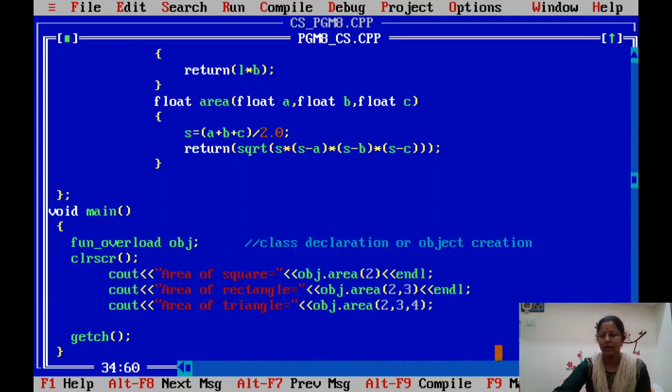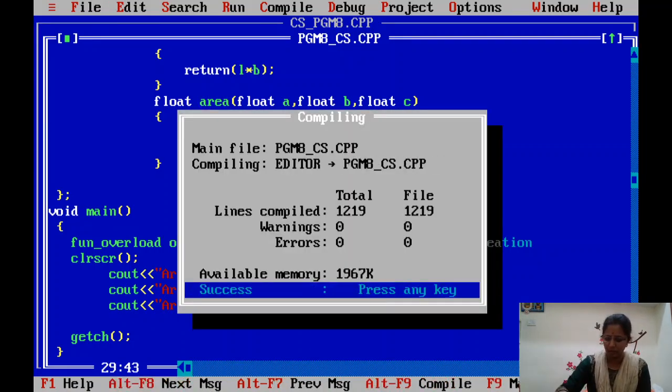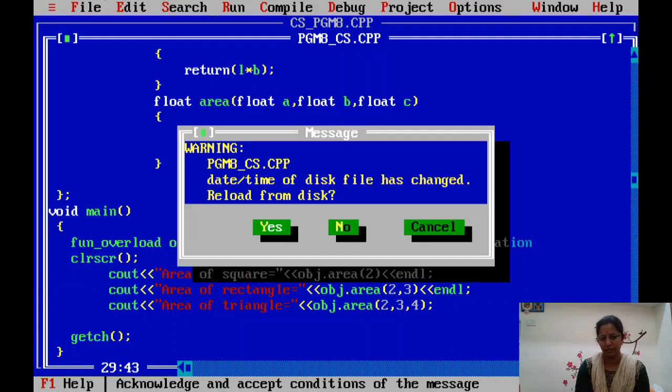See, here we are not accepting any side. We are just giving a constant value. This program will also execute without input. It is called a menu driven program, not with the input method. It is directly a menu driven program that will execute automatically.